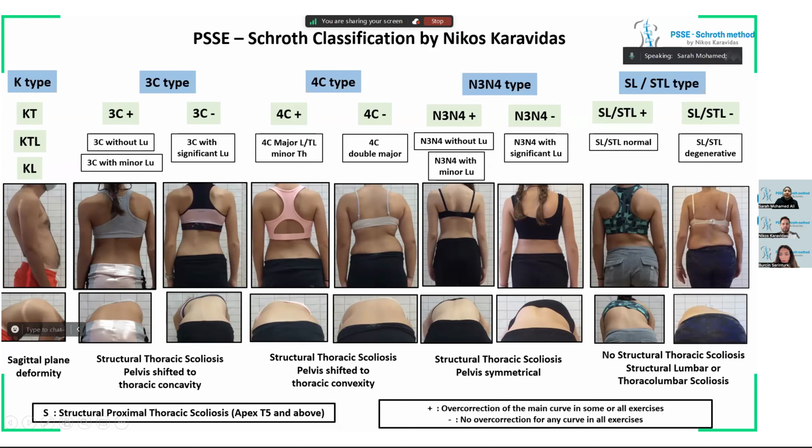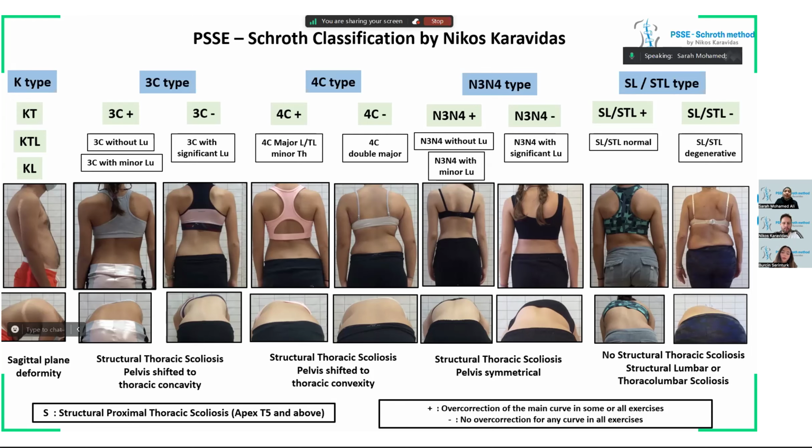Okay, the second type is the 4C type, where we ask the same questions and follow the same steps in all curve types. If there is a structural thoracic scoliosis, we do the forward bending test. If we find even a very mild hump or rotation, we then confirm with our radiological examination and X-rays to see if there is actual true rotation of the vertebra or not.